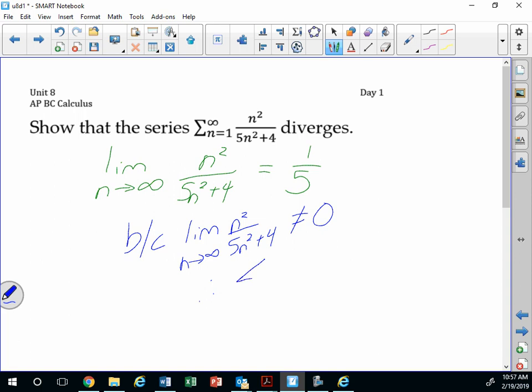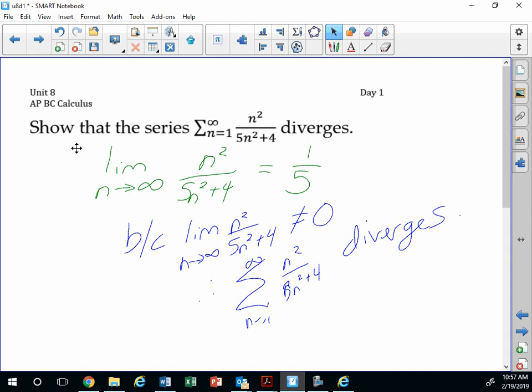Therefore, the series diverges. That's the contrapositive piece. Everyone okay with that? Okay, I'm going to stop there.